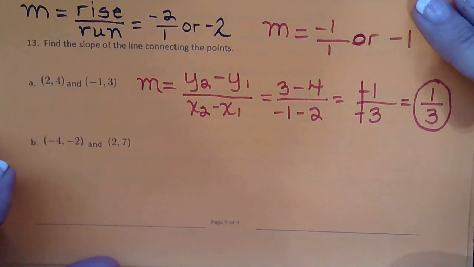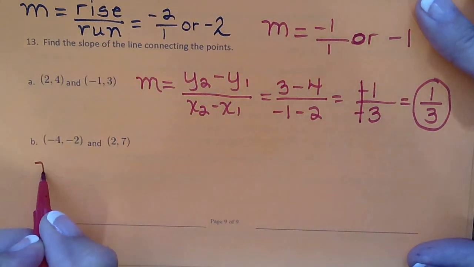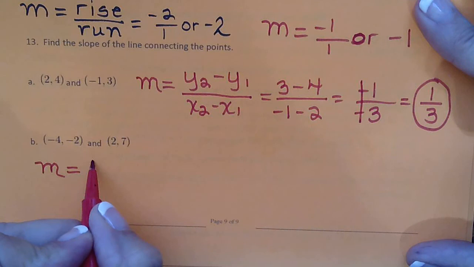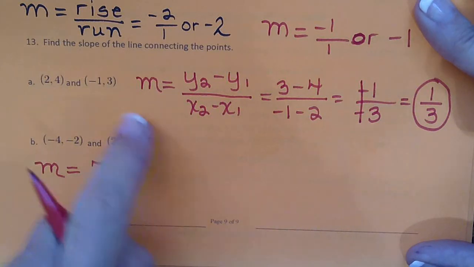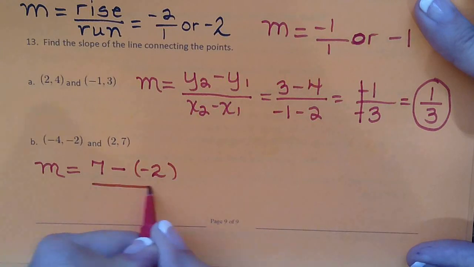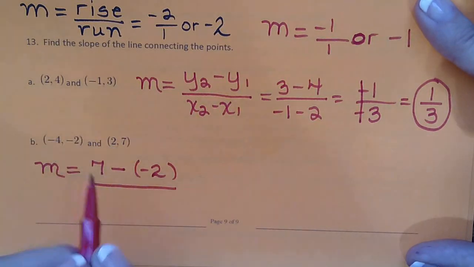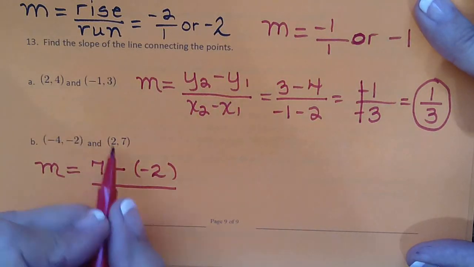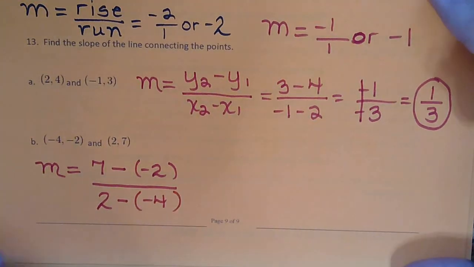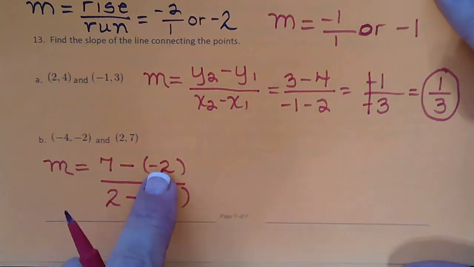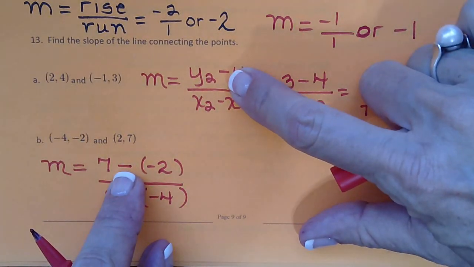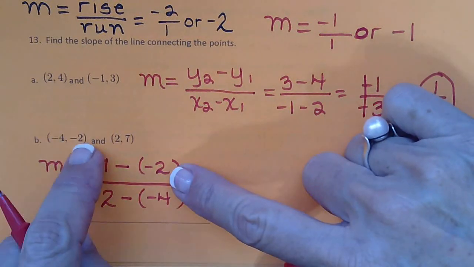Okay, last one. And then it's the weekend. So second y, 7, minus the first y, negative 2, over second x, 2, minus the first x, negative 4. So this one's missed a lot because students just will write one of the negatives. Well, this negative's from the formula, and this is a negative number.